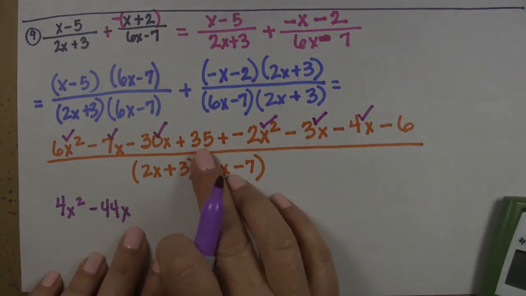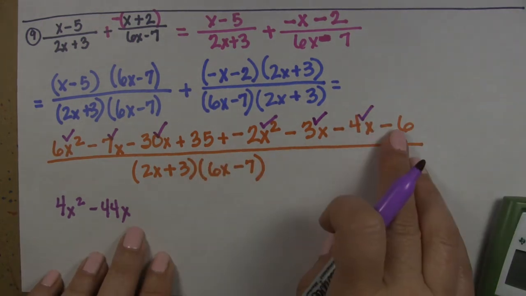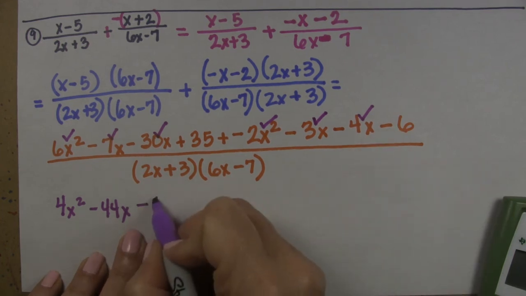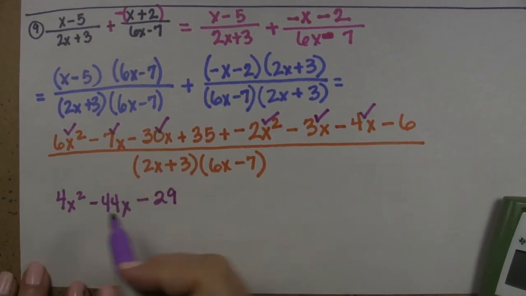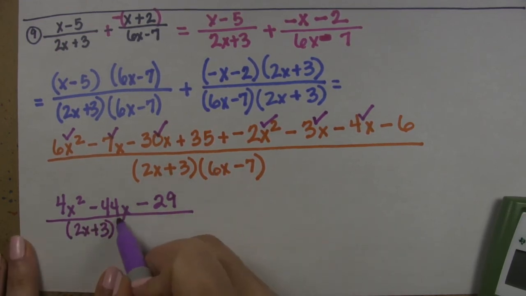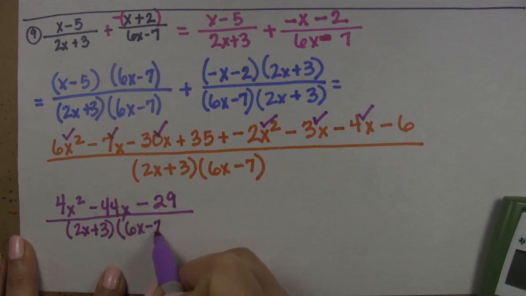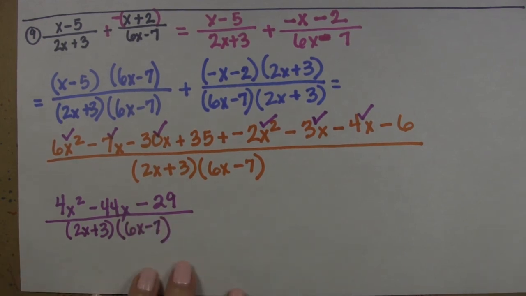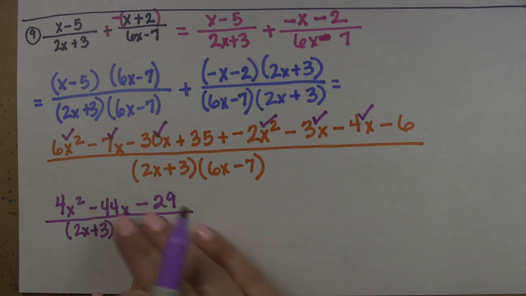All right, and all I have left now is 35 minus 6, which I can do in my head, and I get 29. And I put that all over my common denominator, which is still 2x plus 3 times 6x minus 7. So all the work in this problem is really being done in the numerator.